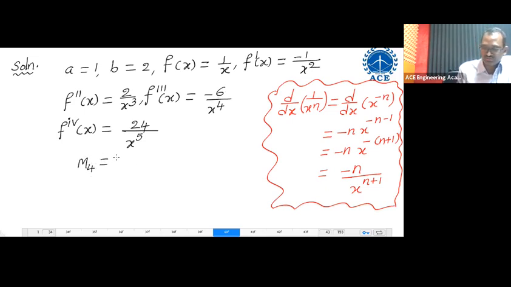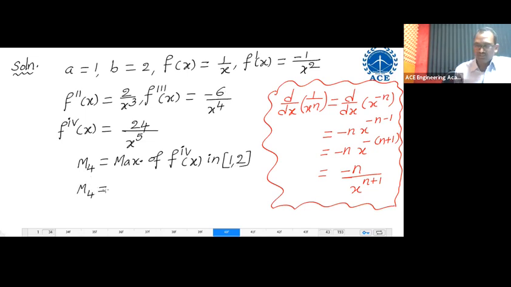M4 is equal to maximum of f power 4 of x in the interval 1 comma 2. Remember, an increasing function will have the maximum value at the upper limit of the integral.